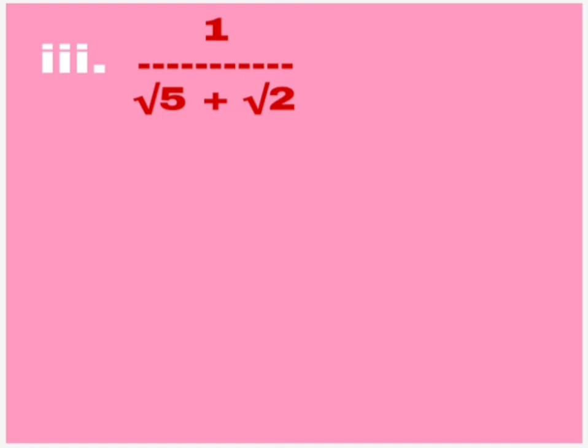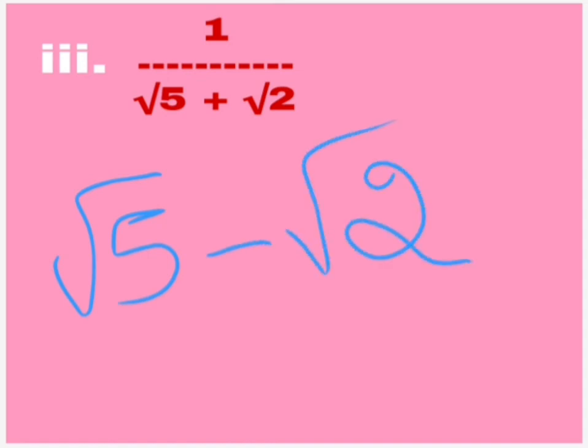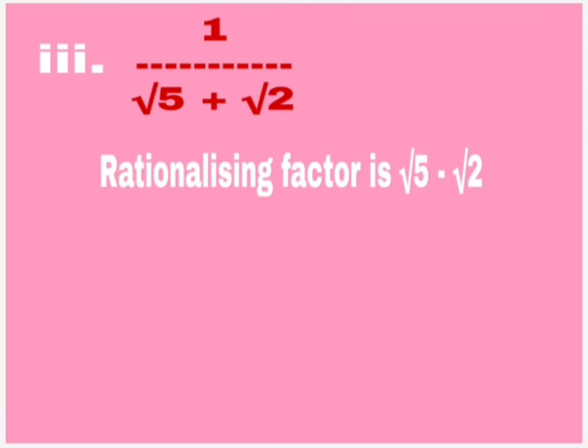So the RF factor for this question will be root 5 minus root 2. This RF factor we have to multiply to both numerator and denominator.